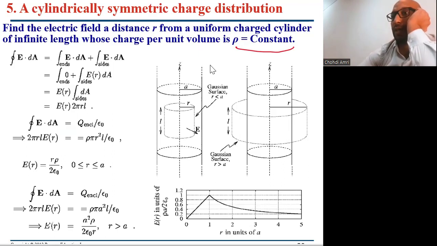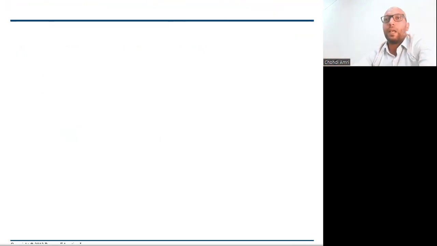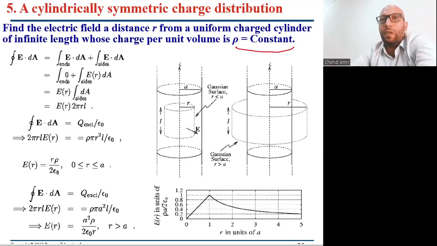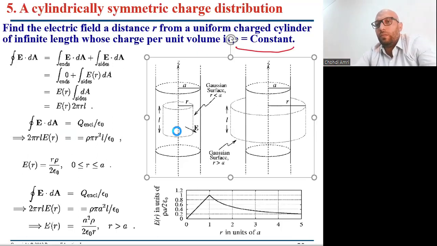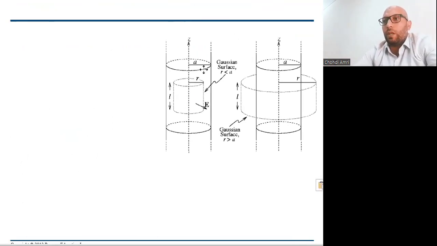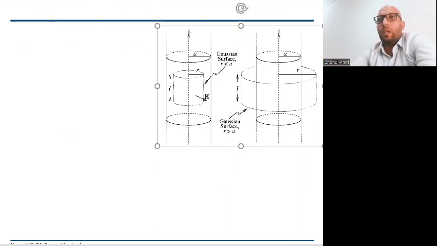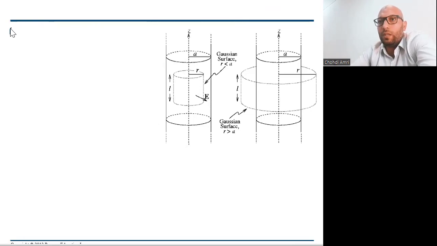What are we going to do in this case? Of course, we will try to calculate the electric field inside and outside the volume charged cylinder. Let's start by inside. Where is the figure? Okay. Let's start by inside.